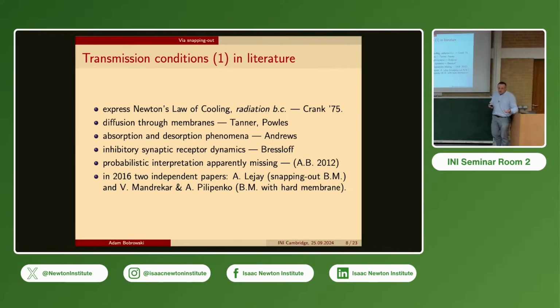I didn't construct it. I thought it was obvious that it's going to be like that from the Feller boundary condition theory. So Lejay has constructed the process and called it snapping out Brownian motion. And there is also a paper by Andri, and he constructs an approximation of this process and calls it Brownian motion with hard membrane.